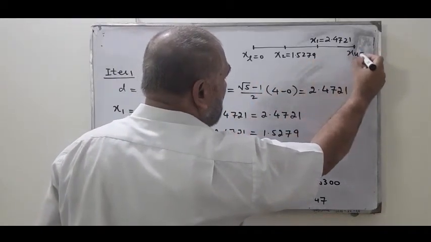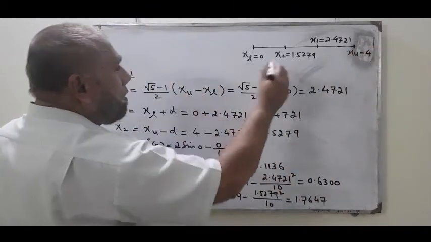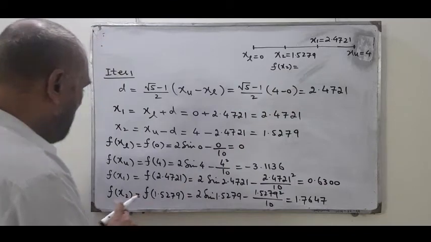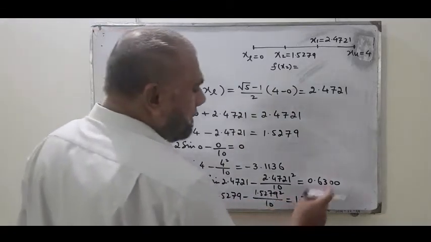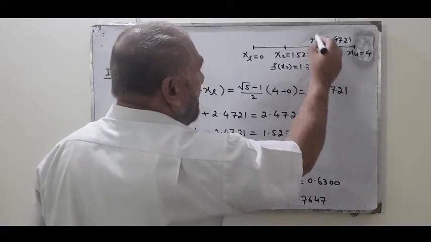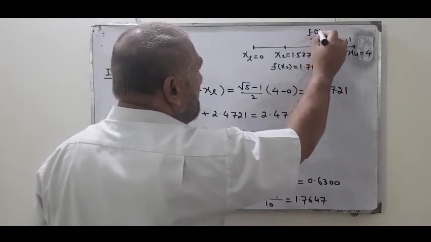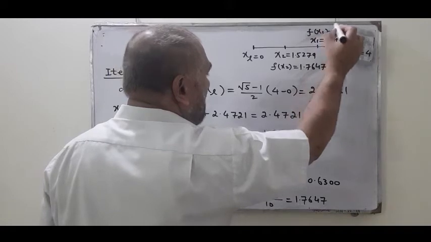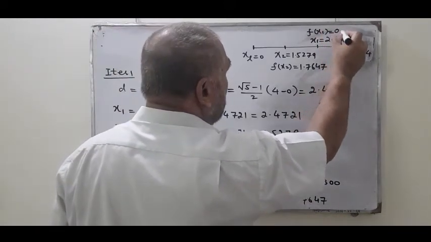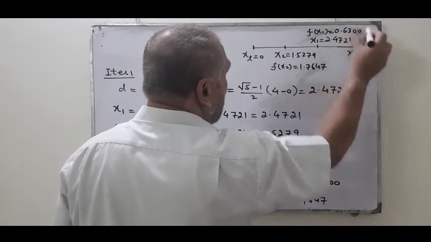This is equal to 4, and the corresponding values of the functions: the value of the function at x2 is 1.7647, and the function's value at x1 is 0.6300. Okay.